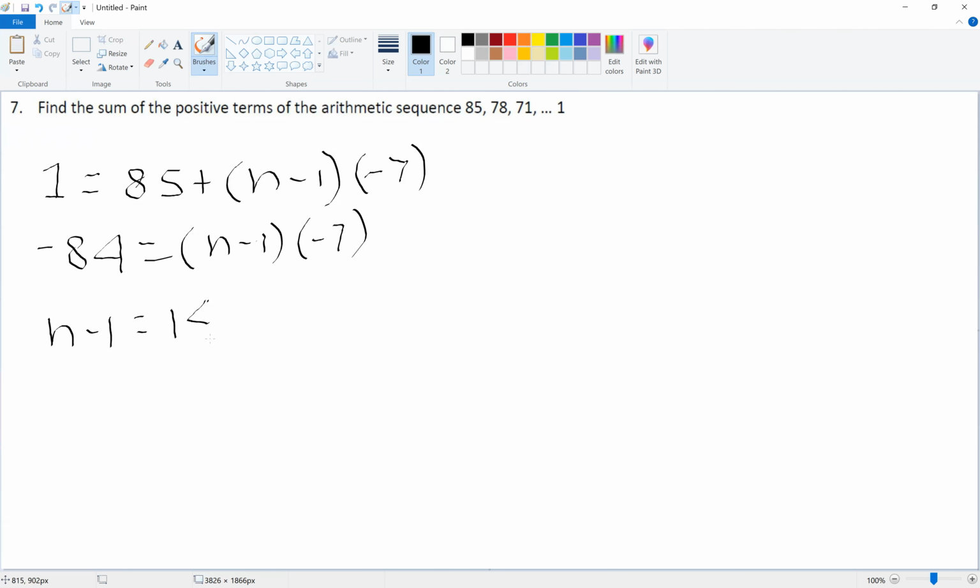And then you divide it by 7, which is 12. Yeah, I was confused. And then you add the 1, which is 13.